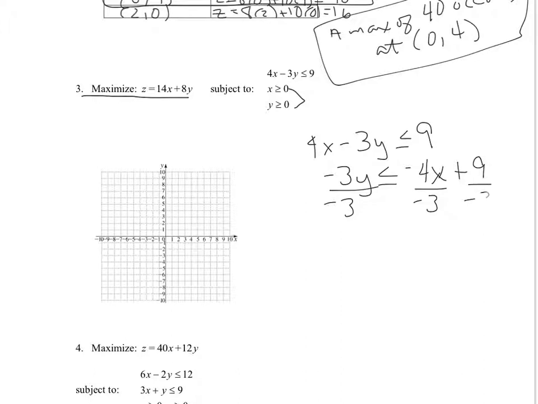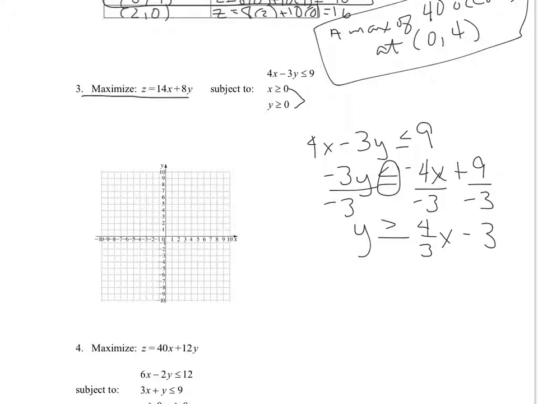Now I've got to be really careful. If I'm dividing by a negative, do not forget your inequality has to reverse direction. So that means I have y is greater than or equal to a positive 4/3 x, and a positive 9 divided by a negative 3 is a negative 3. So here's what I have.